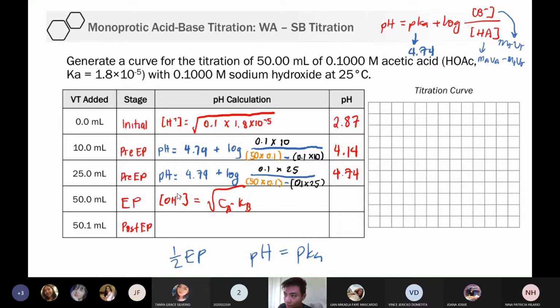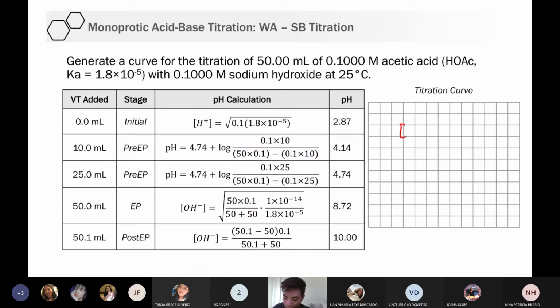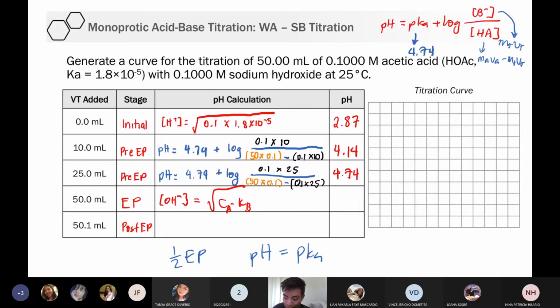Kapag equivalence point na, ang sabi ko kanina, the concentration, lumabas na yung sagot. Sabi ko kanina, the concentration of the conjugate base, no? Ano yon? MAVA over V total.